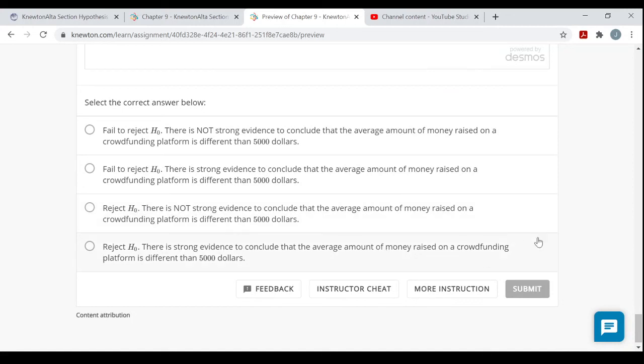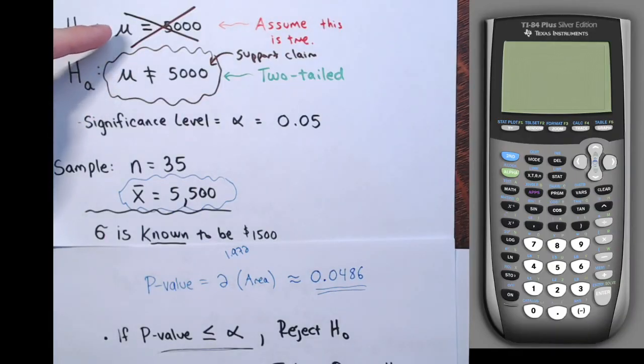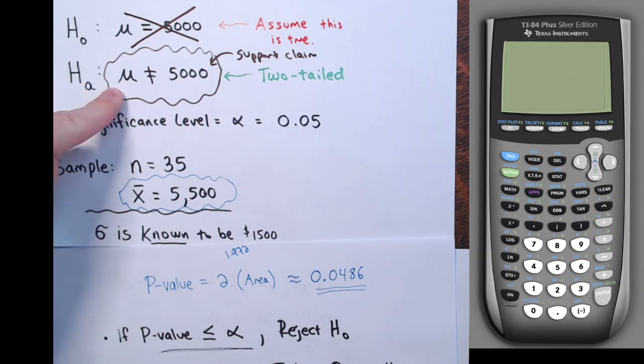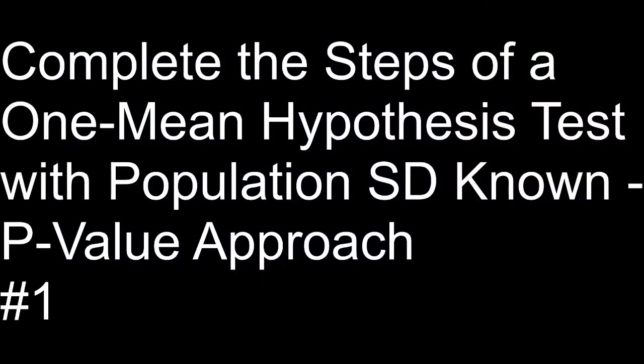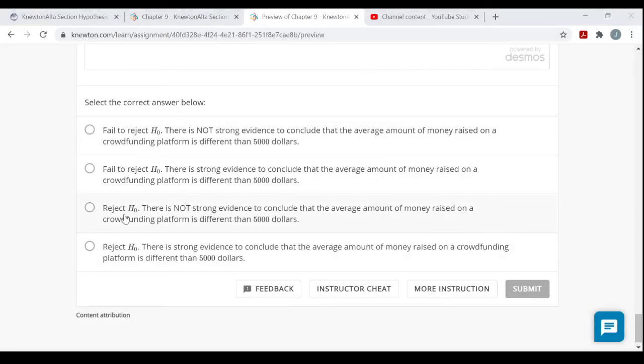Now I said it in my paper. It's been a while, but remember, if I'm rejecting this, that means I'm accepting or leaning toward or supporting the alternative. And the alternative was the claim that the mean, the average amount raised by these crowdfunding platforms, was not $5,000. We're supporting that at this 5% significance level, right? So I reject the null, and I would say we're supporting it.